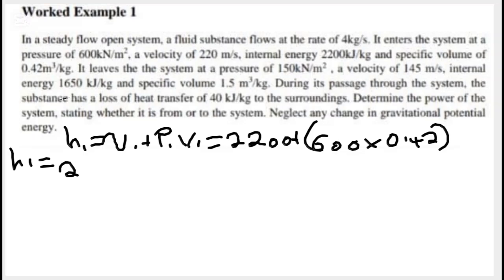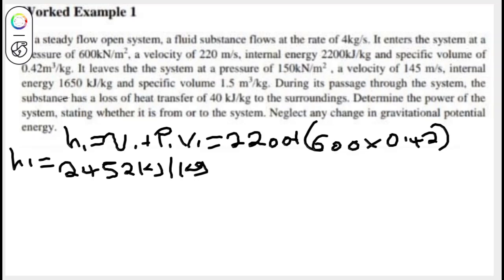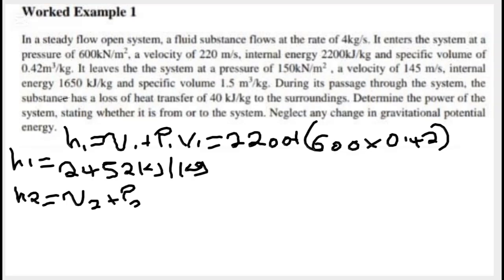So I'll get 2452 kilojoule per kg. Also H2, which is the same thing as the internal energy U2 multiplied by the pressure P2, and also the volume, so this is volume 2.